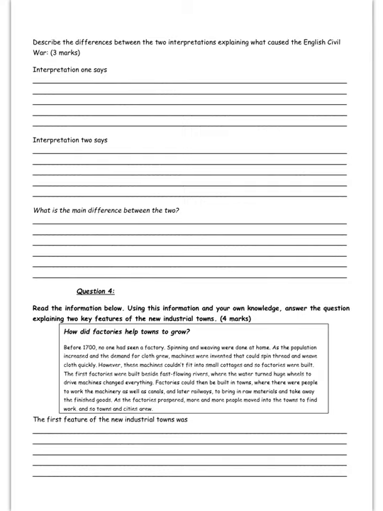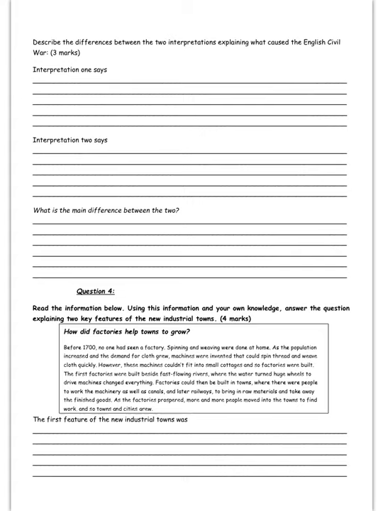Question 4, the feature question. Read the source. I want to know one feature of new industrial towns. Second part is the second feature of new industrial towns. A feature is a part of whatever it is.